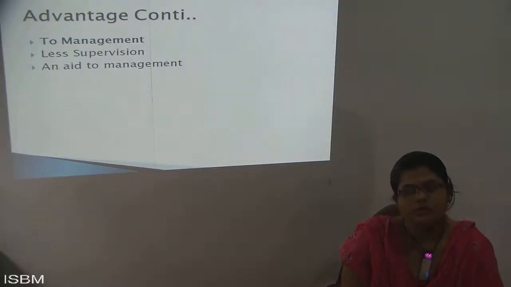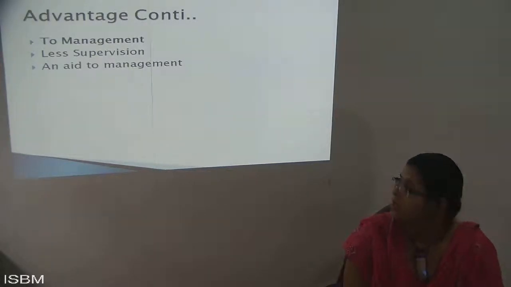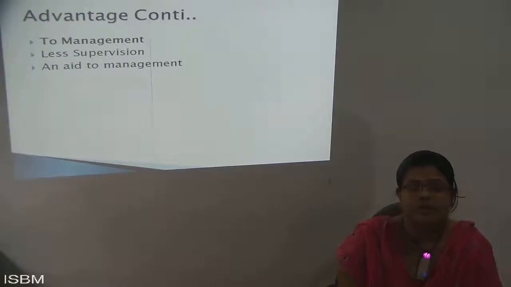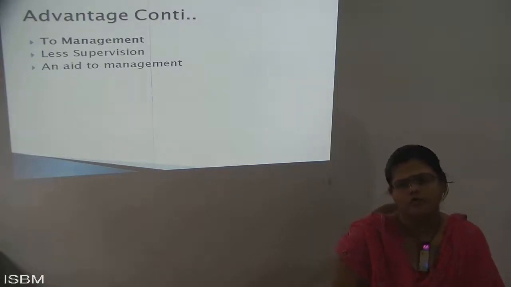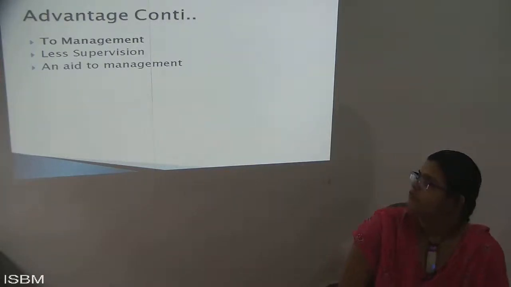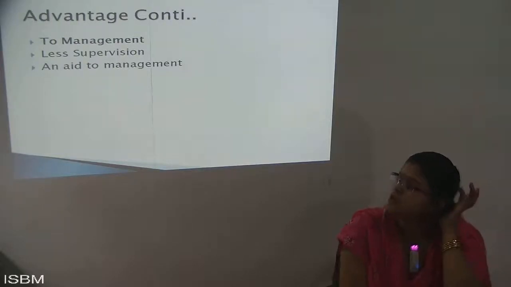First, this was related to the informal way of organization and the employee. Now the second concept is related to management. What happens when you perform an informal way of organization? The first thing is less supervision.